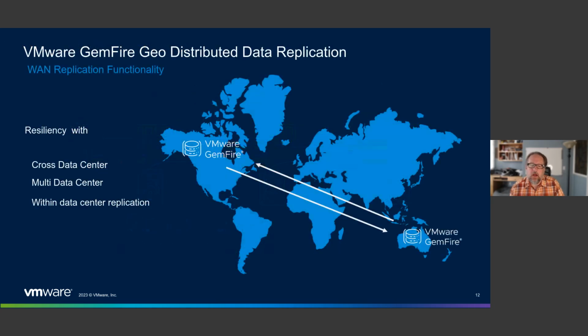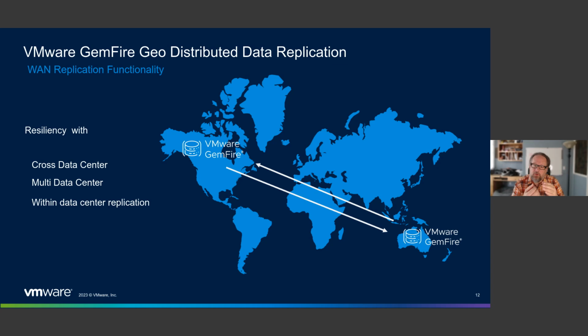Another feature of GemFire is its ability to handle multiple geolocations. So you want to keep 2 data centers in sync. GemFire has an ability to keep those data centers in sync. When we're working with a single data center, we like to think of that as consistent. So everything inside a single data center or a single region will be consistent.